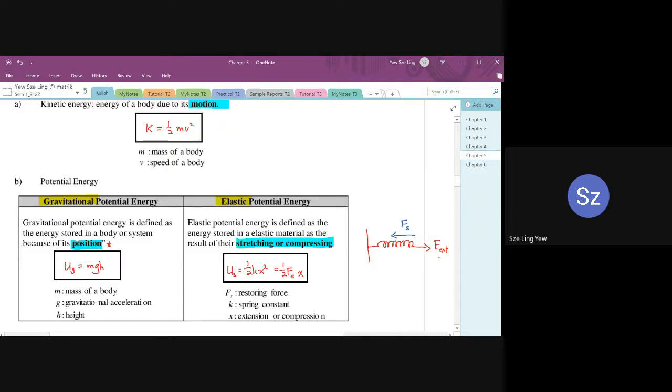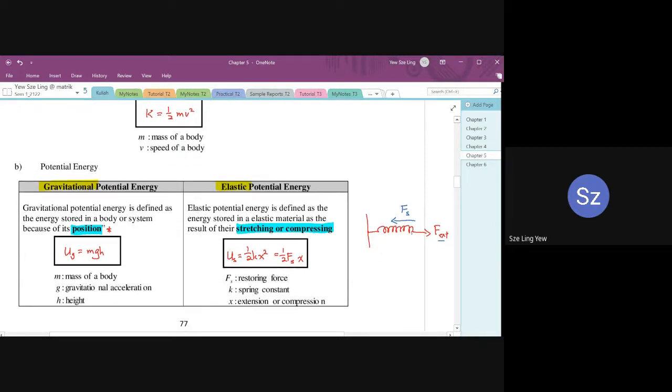So you exert an external force on the spring, and the spring itself tries to bring it back to its original shape. The restoring force is stored in the object, and it is caused by the elastic potential energy. It is because of the energy stored inside the spring itself that tries to bring the object back to its initial position. So don't get confused between the restoring force and the external force.